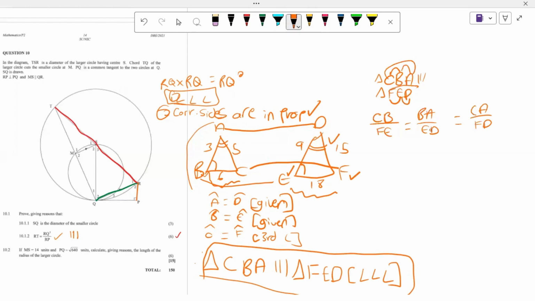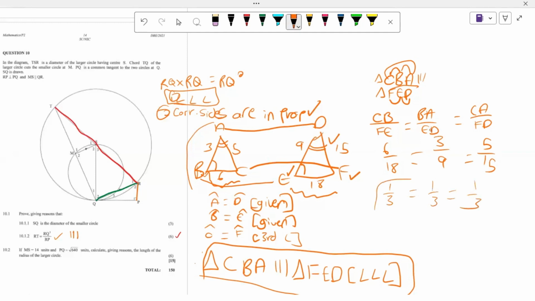I also wrote some numbers on my side. CB is 6 over FE, which is 18, equal to BA, which is 3, over ED, which is 9, and lastly CA, which is 5, over FD, which is 15. If I simplify all of these, I would get 1 over 3 for all of them.